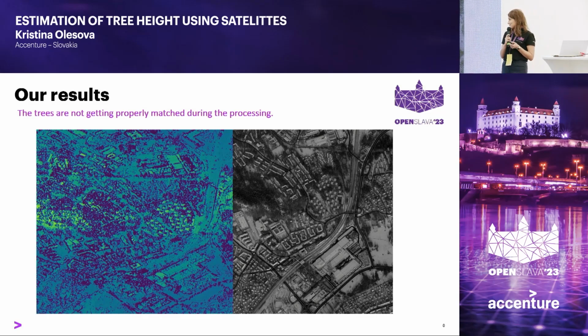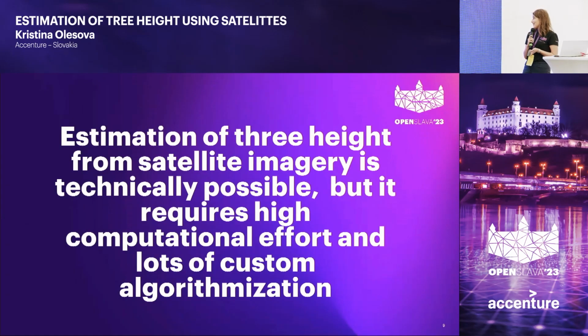So, what is the outcome of this PPT? Technically, the estimation of the tree height from the satellite picture is possible because there are plenty of mapping algorithms that are able to find strong features even for the trees and be able to map them.